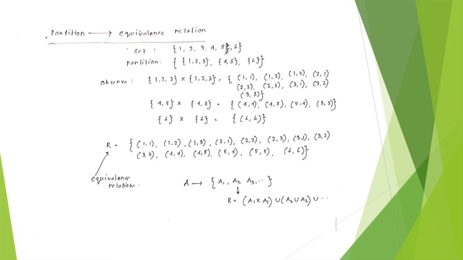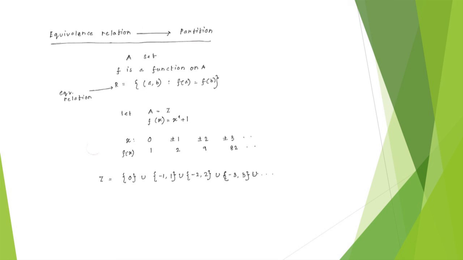For this purpose, let us say A is a given set, and f is a function on the set A. Let us consider R to be the set of ordered pairs (a, b) such that f(a) equals f(b). You can do it yourself to show that this R is an equivalence relation.